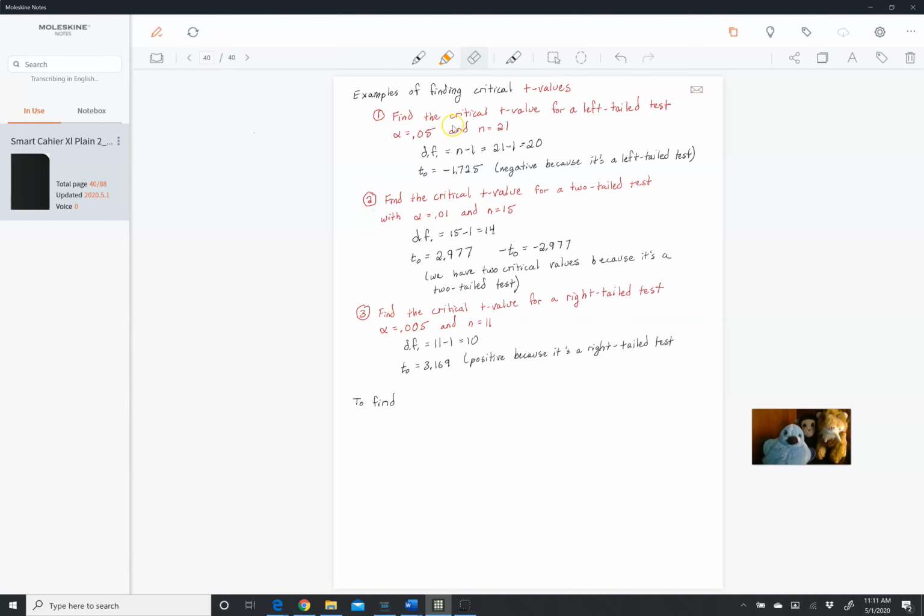The critical t-value is what tells you your rejection region. The t-value itself is the standardized test statistic.